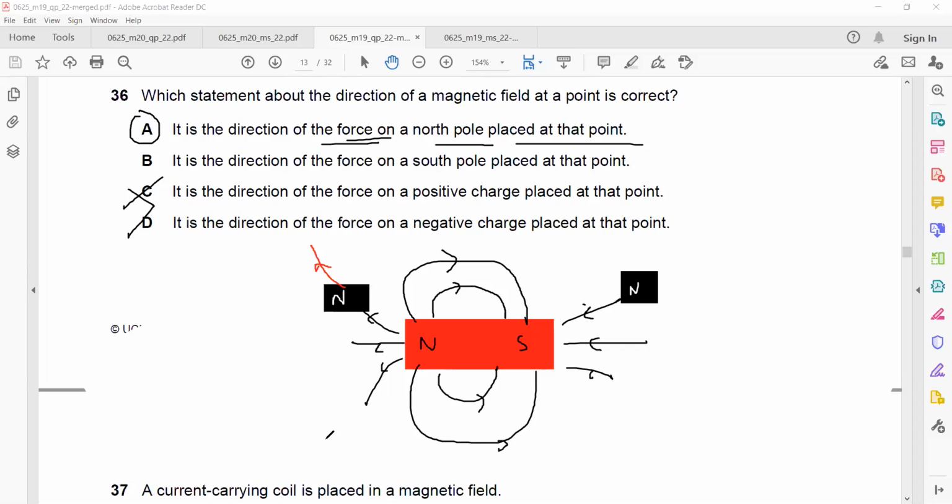Because if I place a south pole here, the south pole will move opposite to the direction of the magnetic field. In this case, the south pole will move towards, and here the south pole will move away. So the south pole is actually moving opposite to the direction of the magnetic field.